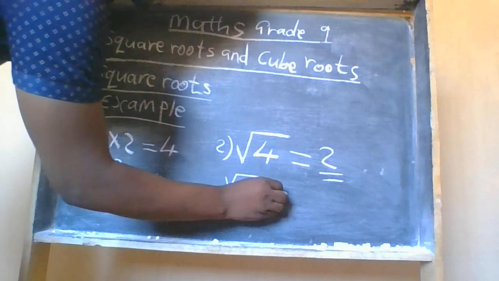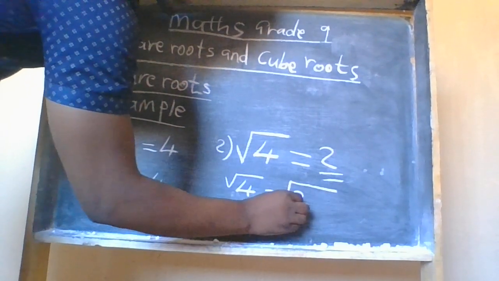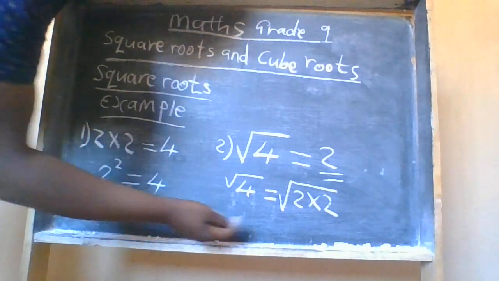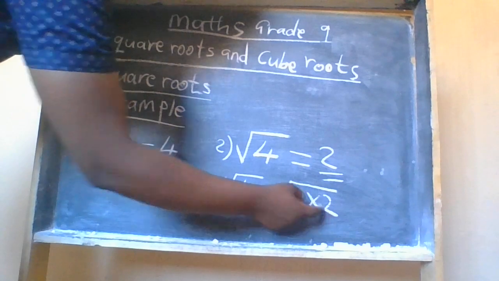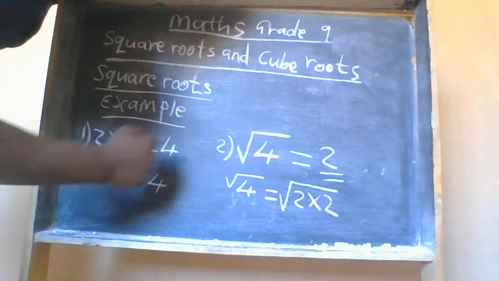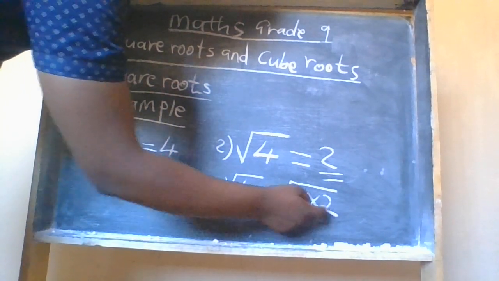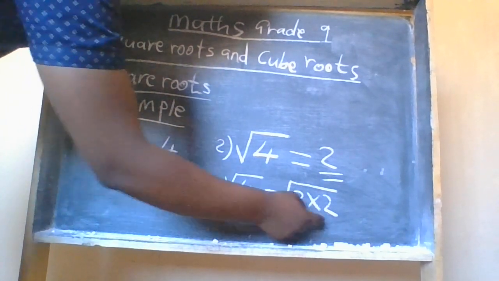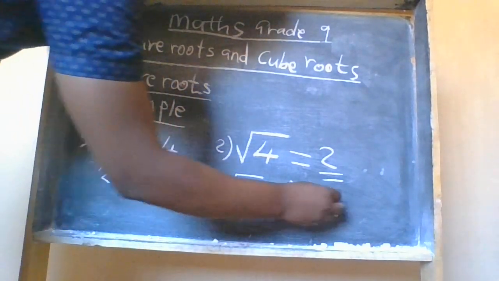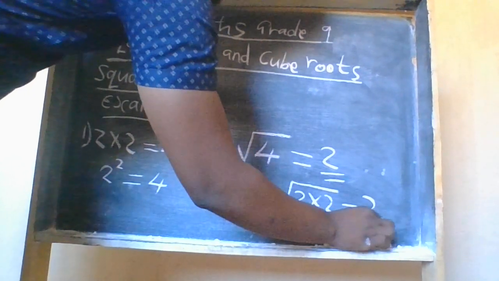This is the same as the square root of 2 times 2. The moment you have two numbers in the square root which are the same, that is the square root of the original number, which in this case is 4. Since these two same numbers multiplying give us 4, hence we say 2 is the square root of 4.